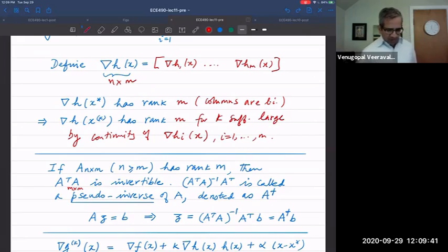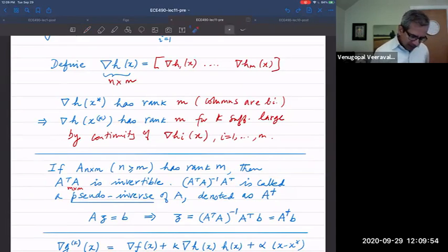So what's the use of a pseudo inverse? One use is to solve a bunch of linear equations. If I look at a set of m linear equations and n unknowns, where m is less than or equal to n, then I can solve and get a unique solution for z through the pseudo inverse.